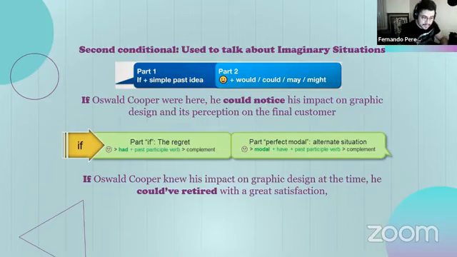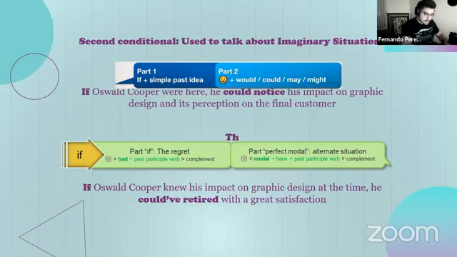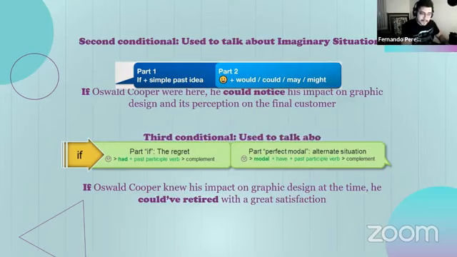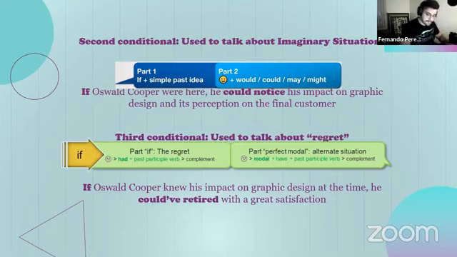The second expression is used, or is called, the third conditional, used to talk about regret or alternate situations in past.